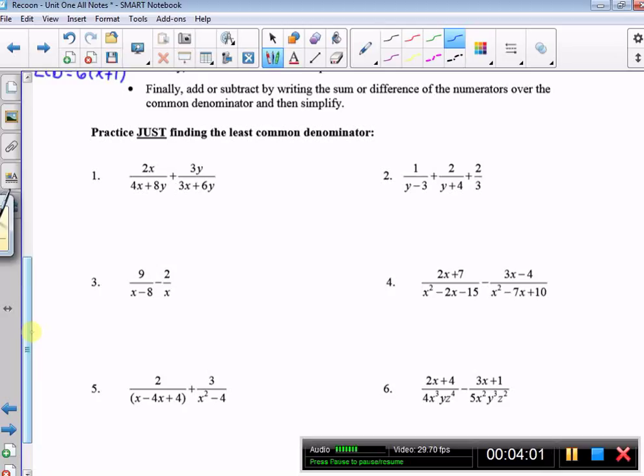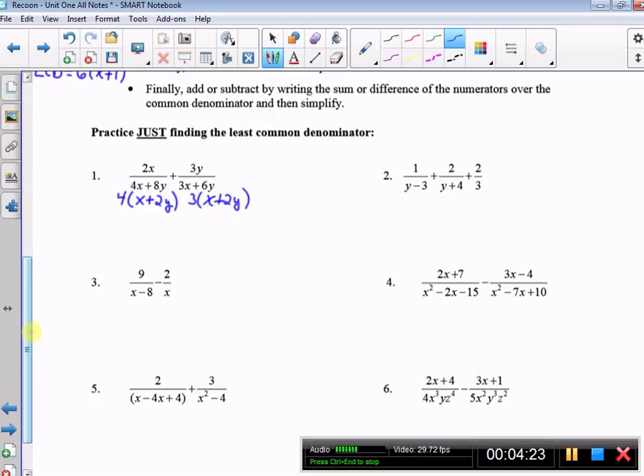All right, so to find the common denominator here, first we should factor on number 1. I can't tell what the LCD would be. So GCF 4, and then you're left with x plus 2y. And then for the second fraction, GCF 3, and you're left with x plus 2y.